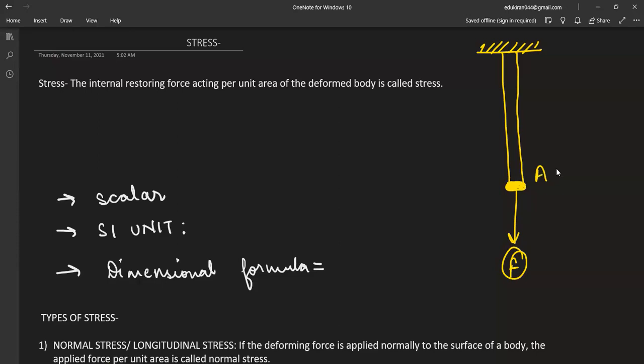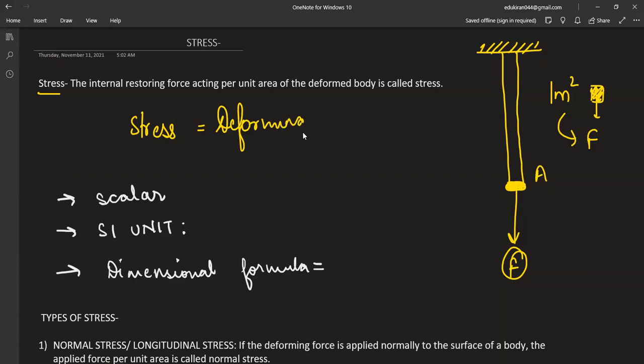So in just 1 meter square, how much deforming force is being applied? That is what is meant by stress. So stress is the deforming force by the area. It's the deforming force per unit area.